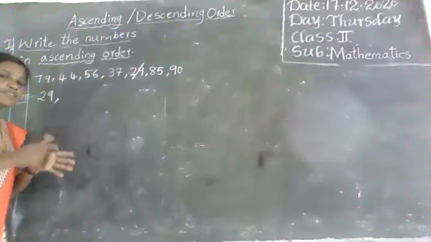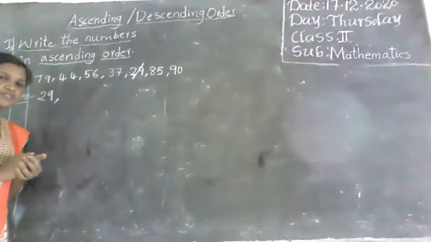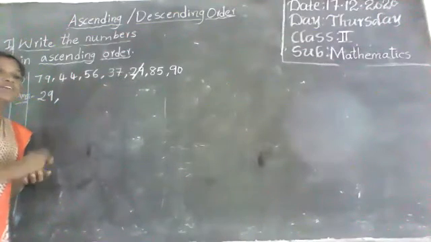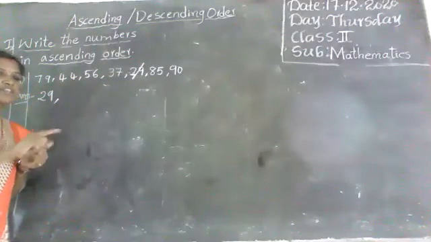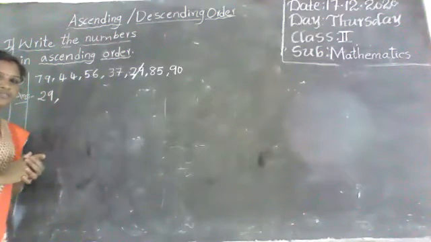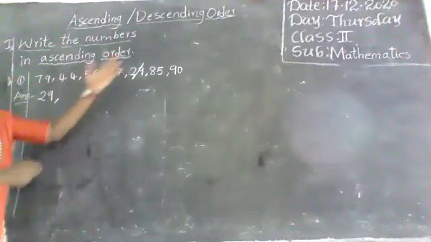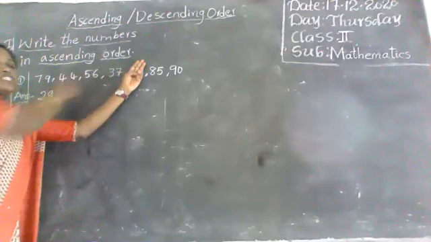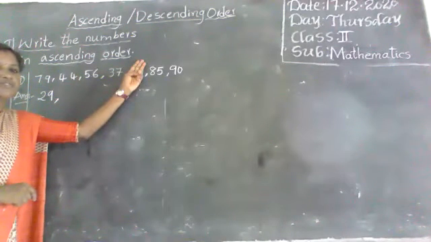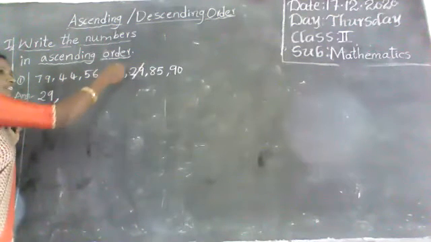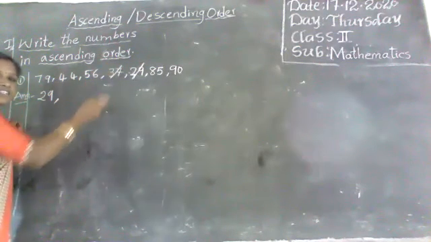Which number comes after 29? From the remaining numbers, which is the smallest? 20 comes first, then 30, so 37 is the smallest.